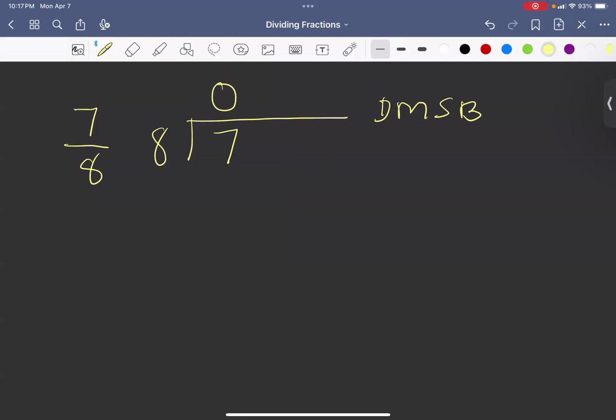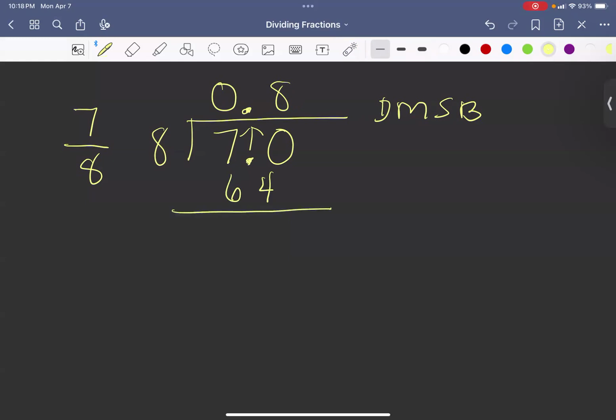Now I want to keep dividing, so I add the decimal, bring it up, and now the new number is 70. So how many times can 8 go into 70? That's going to be 8 times, because 8 times 8 is 64. 8 times 9 is 72. That's too big. So now I'm going to multiply 8 times 8. That is 64.